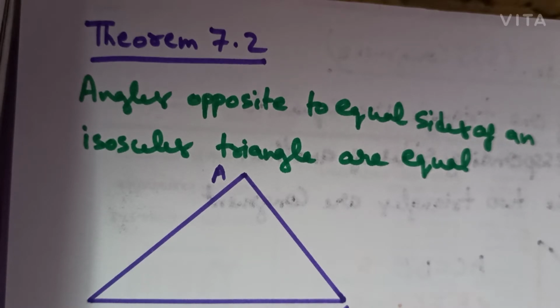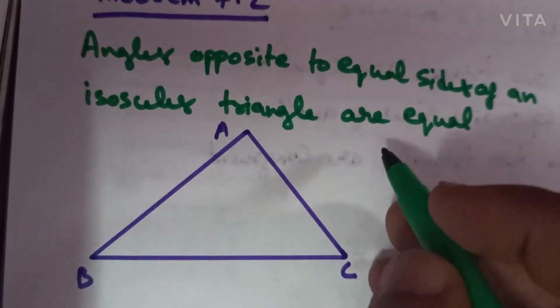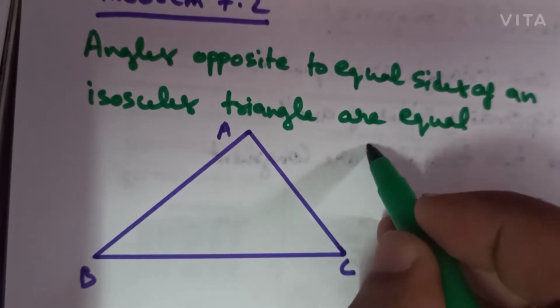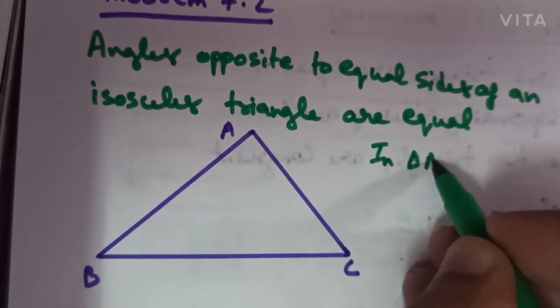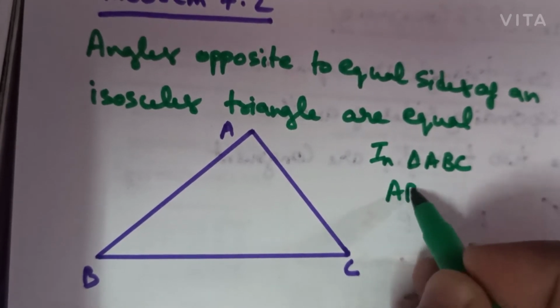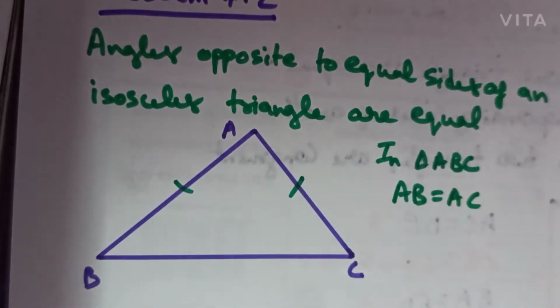That means suppose triangle ABC is an isosceles triangle, in which side AB is equal to side AC, meaning this side and this side are equal.